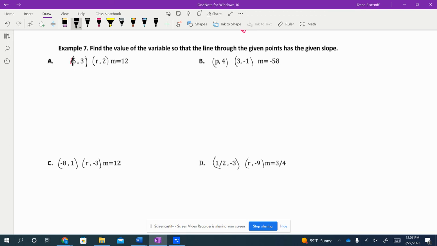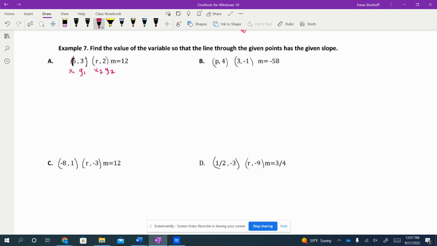So we're going to find the value of R or P. It says find the value of the variable. So it looks like I used R and P in these. And I want to tell you how we're going to do that. We're still going to use that same concept of X1, Y1, X2, Y2. And we're going to set up our formula.